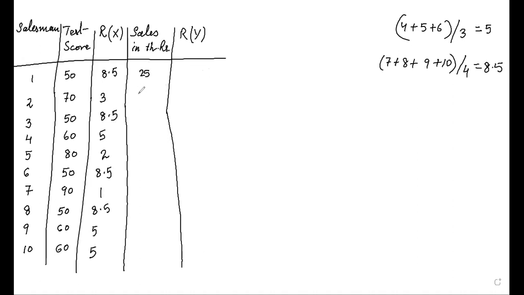Then 60, 45, 50, 60, 45, 50, then 45, 20, 55, 45, 20, 55, 30, 45, 30, 30, 45, 30.